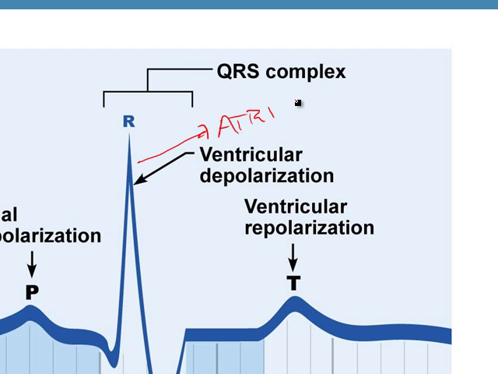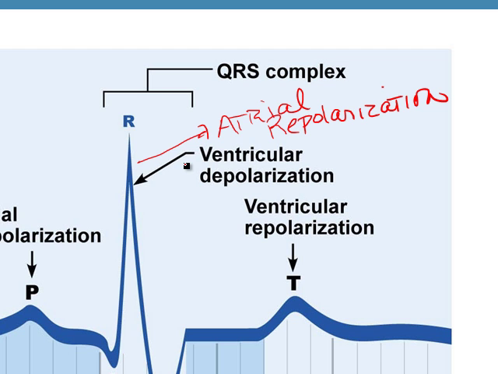Atrial, what? Repolarization. No, it takes place within it. I just put it there because that's where I could fit it. Okay? So that's why it's so big. QRS. Yes?